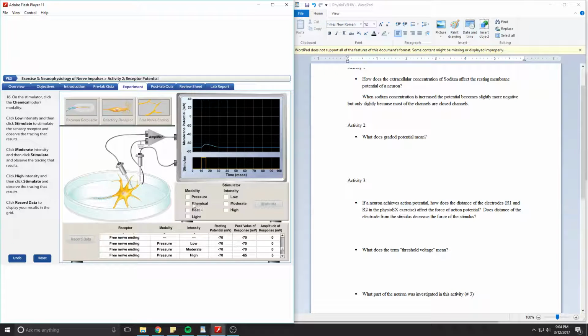Alright, so we're going to record that data. Chemical. Okay, didn't respond to low chemical. Okay, so this didn't respond to any chemical. Okay, and it does respond to heat. So this one responds to high pressure, and it does respond a lot to heat.